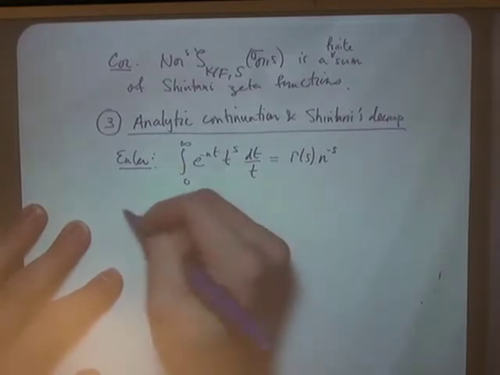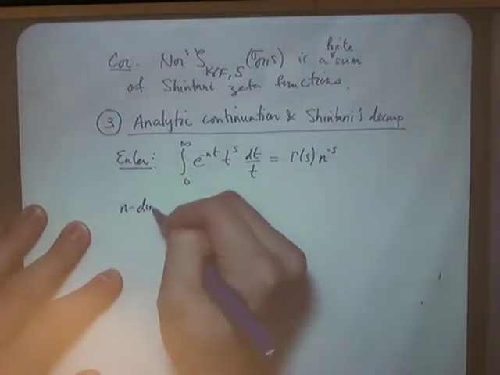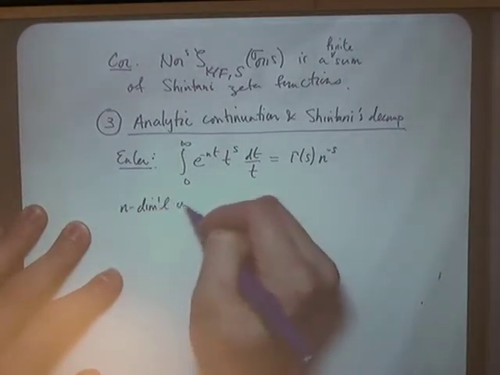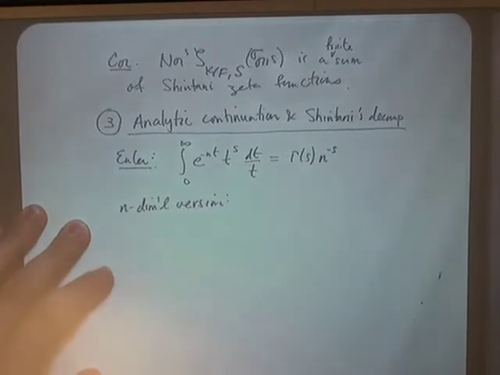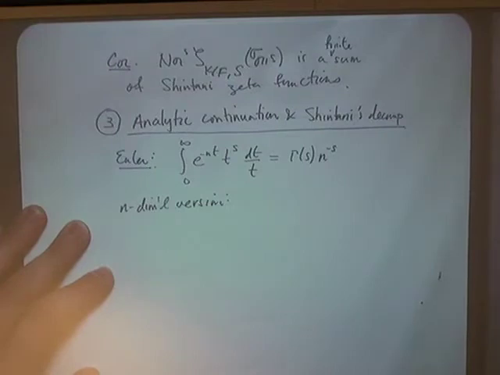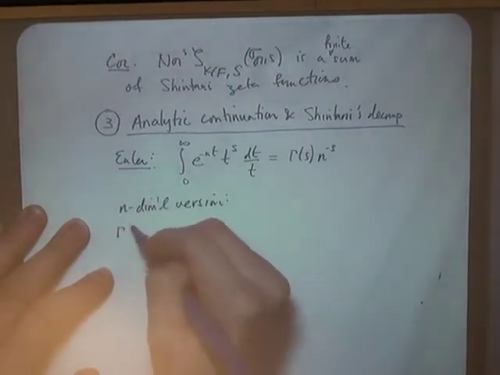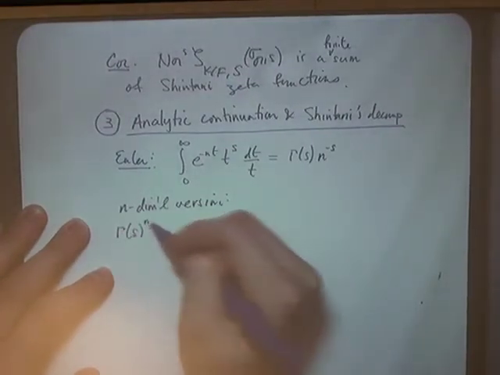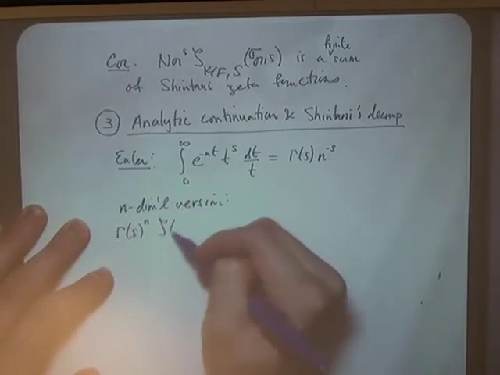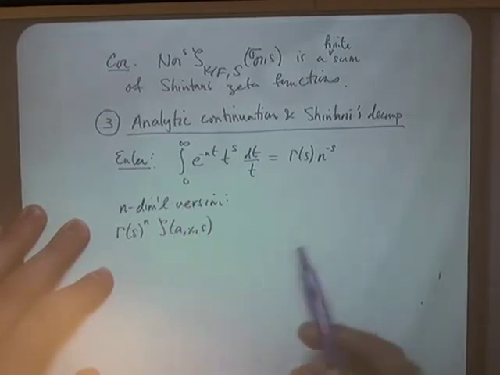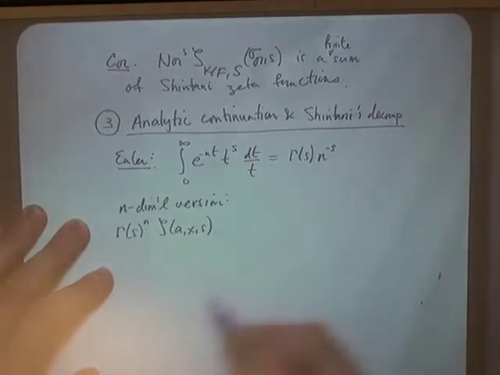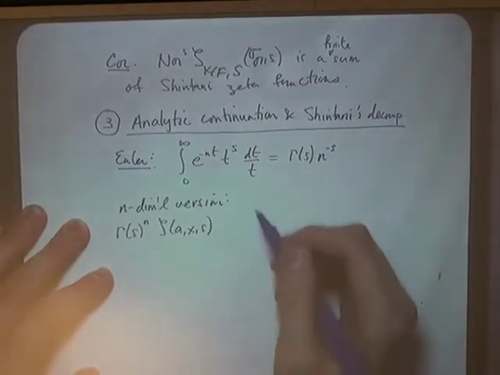So let's look at the n-dimensional version, in other words, the version for Shintani zeta functions. And what you get is gamma of s to the n times zeta of Ax, s, where A is an n by d matrix and x is a d-element column vector as before.